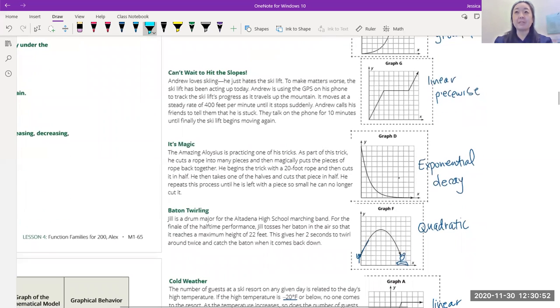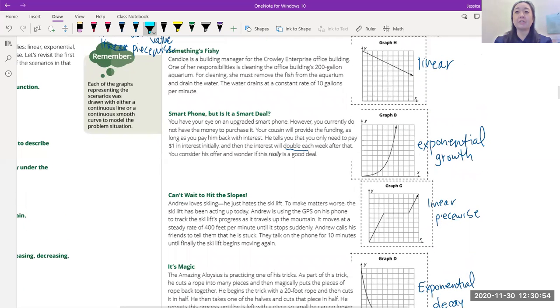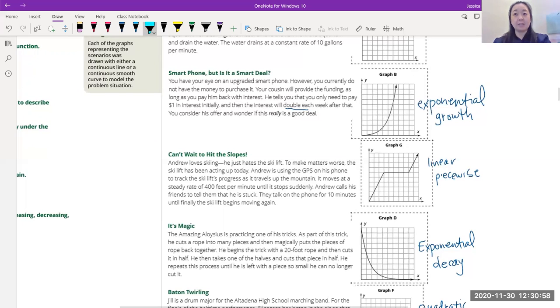This one is the opposite of this one right here. If you notice, we call this exponential growth, and this one is exponential decay. Normally we would talk about this if things are disappearing, like if you're taking medicine for a virus, like a cold.